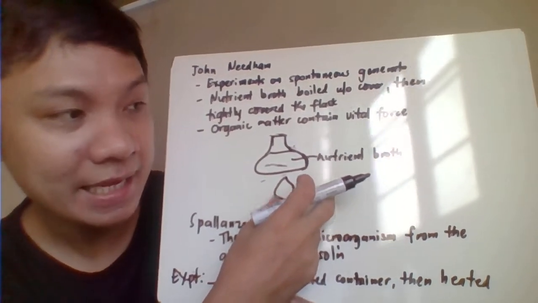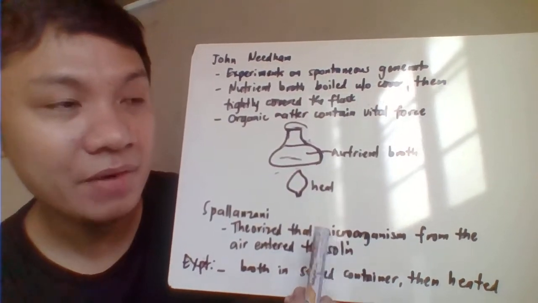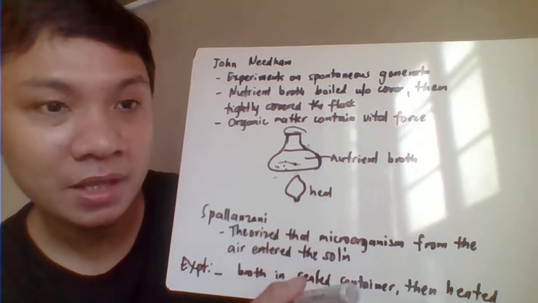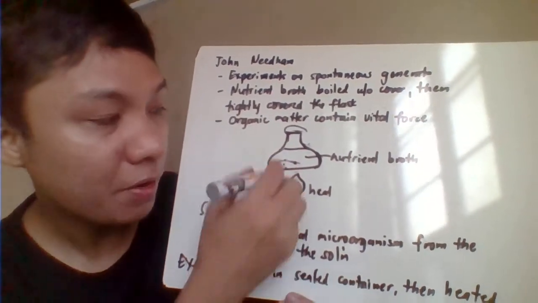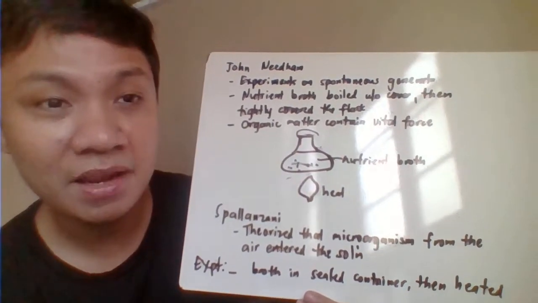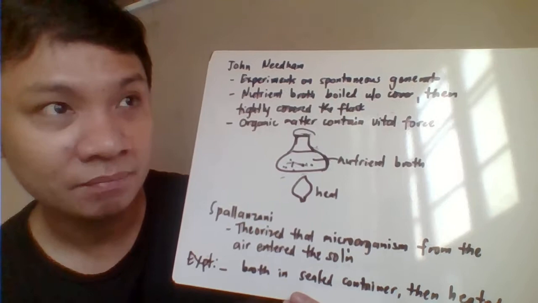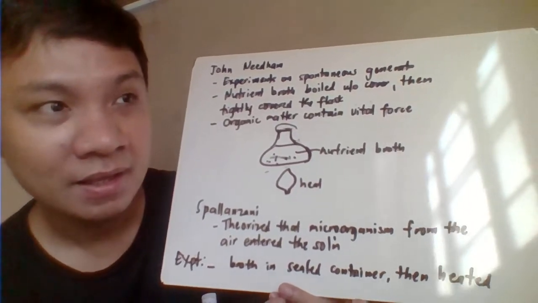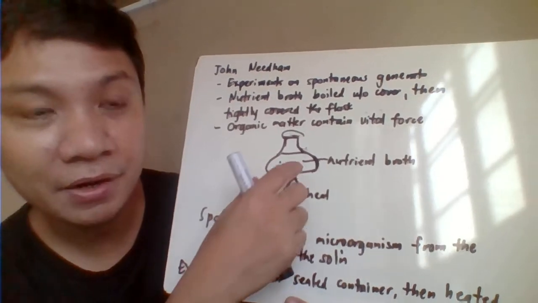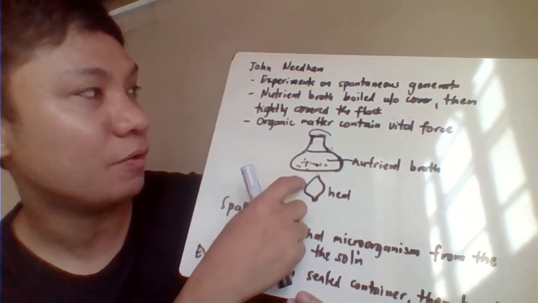After heating, he covered this one. After several days, nakita niya na naging turbid ang nutrient broth, which would signify na may nag-grow na organism or bacteria on that. So sabi niya, nagkaroon ng bacterial growth dito because may vital force na ito.